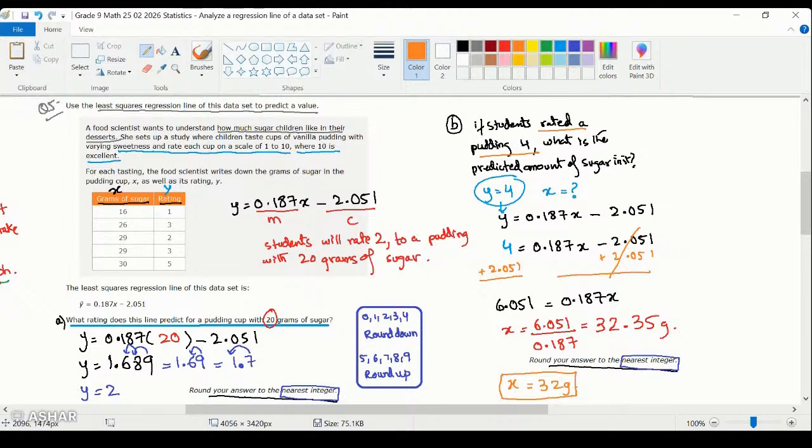Usually what we are doing in the question is that we were given the value of x, the grams of sugar, we found the rating, but we changed the question. We changed the question such that the rating was given to us, and we found the value of x.